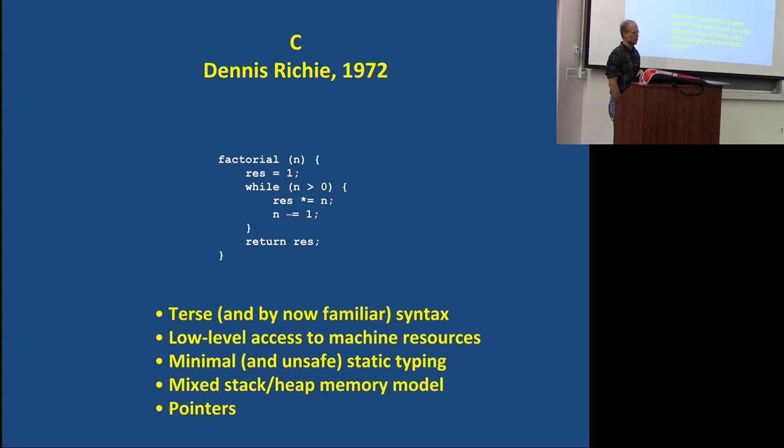Nowadays people view it as sort of the assembly language for today. It really didn't do much in the way of type checking. And it had pointers. You could address places in memory. You could compute addresses in memory and use them.